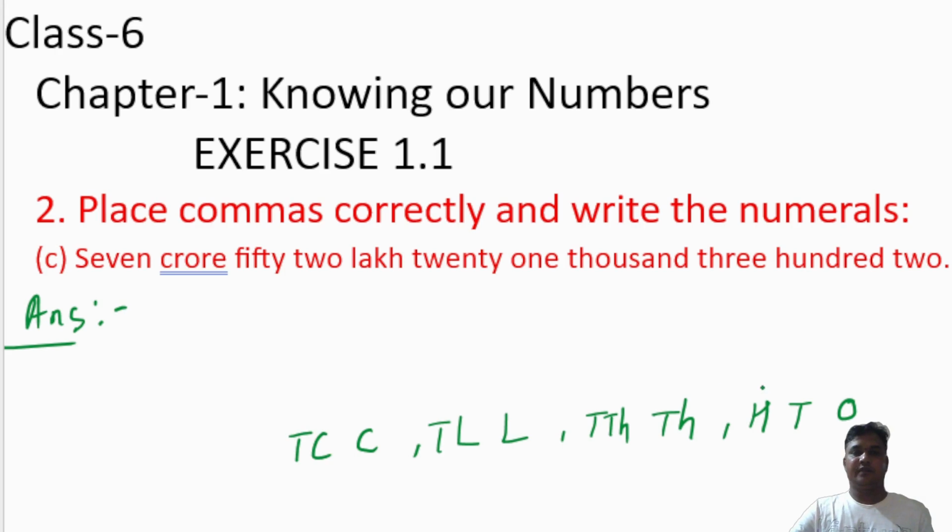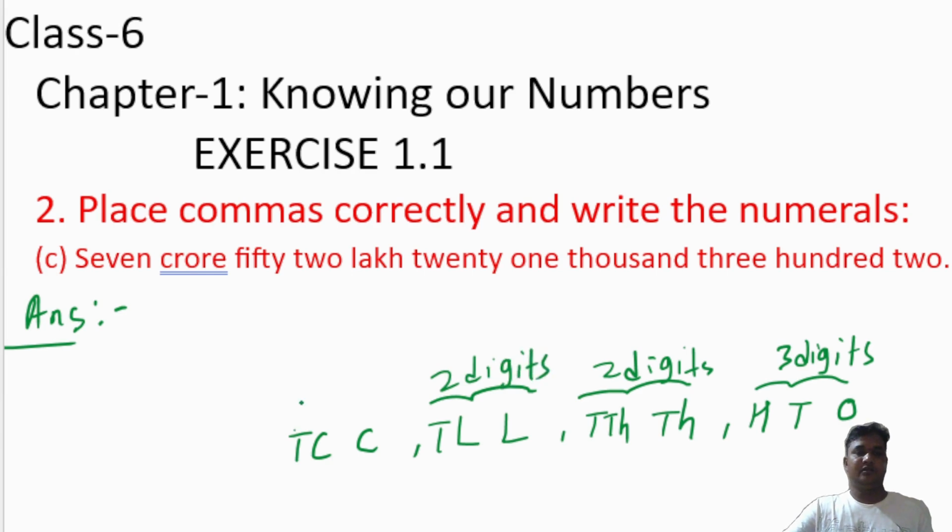So we know that the ones place will be 3 digits, thousand places will be 2 digits, and lakh place values will be 2 digits.